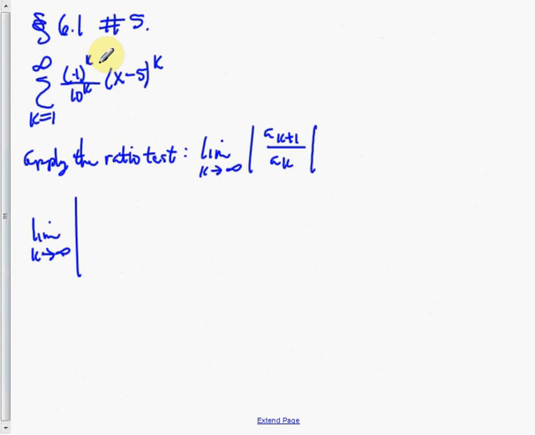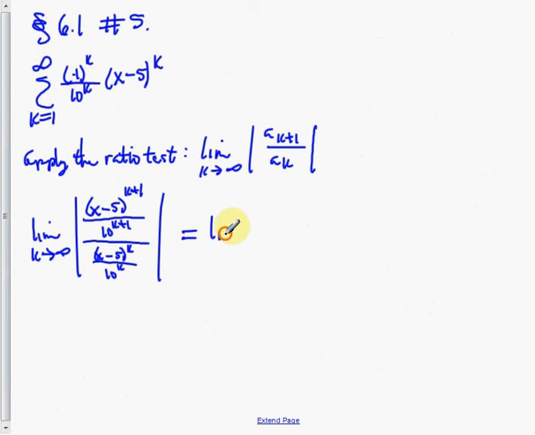So we overlook that term. So this is x minus 5 to the k plus 1 over 10 to the k plus 1, all divided by x minus 5 to the k over 10 to the k.